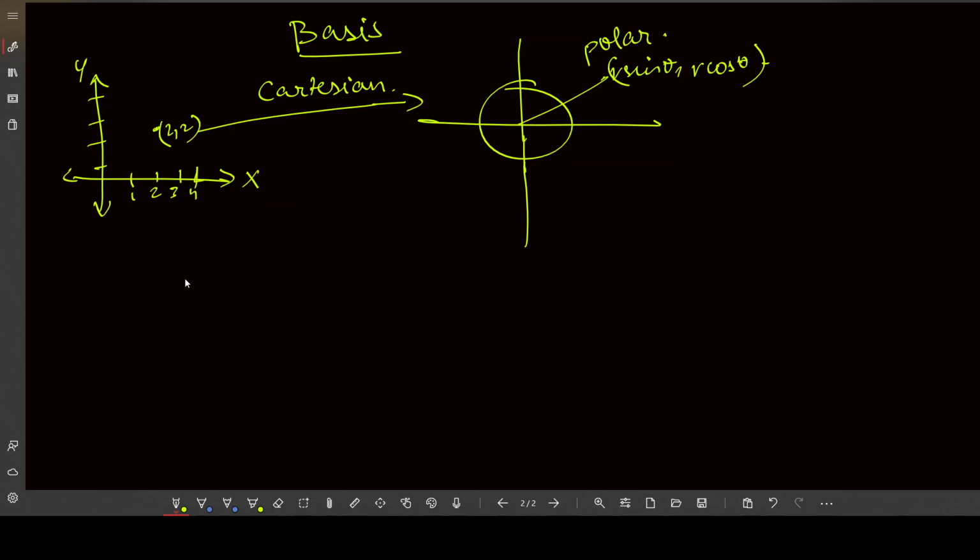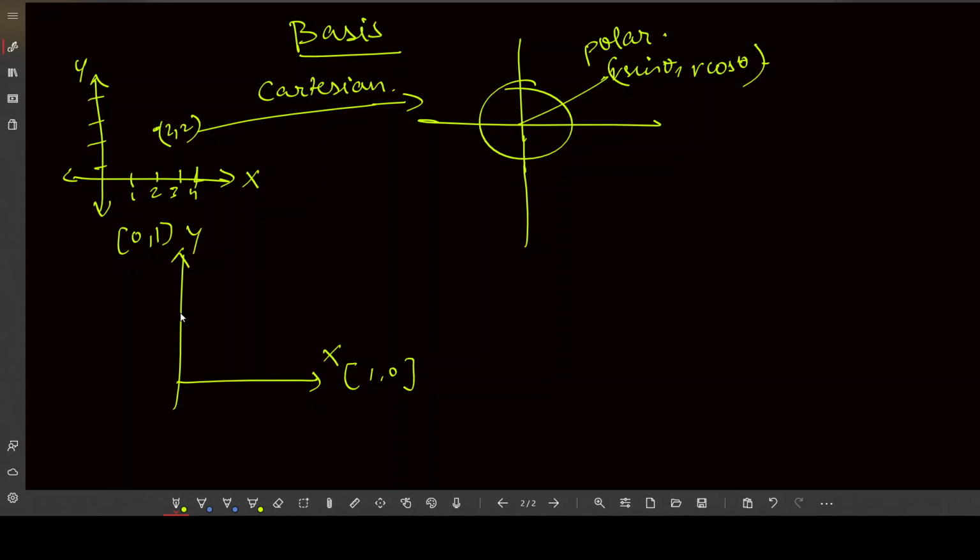matrices, what happens is generally people work with the normal bases, which is 1 comma 0 and 0 comma 1, right? This is x and this is y, correct?